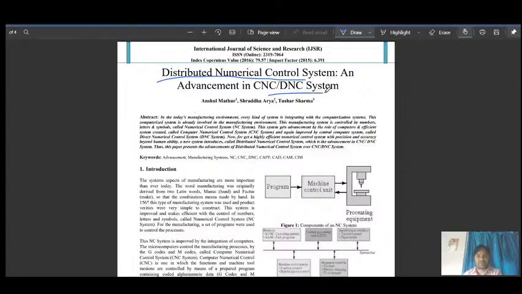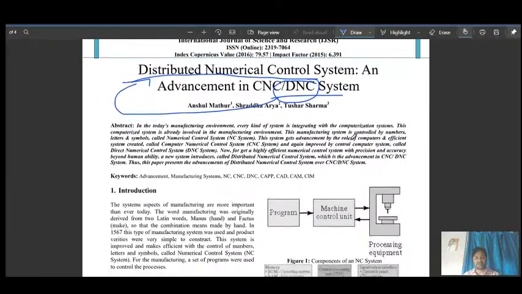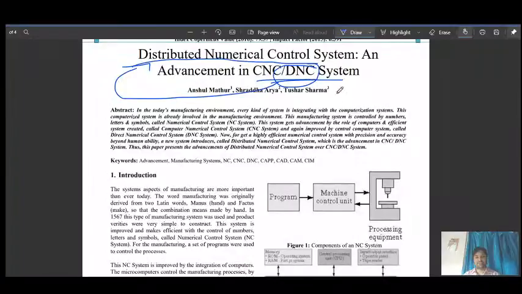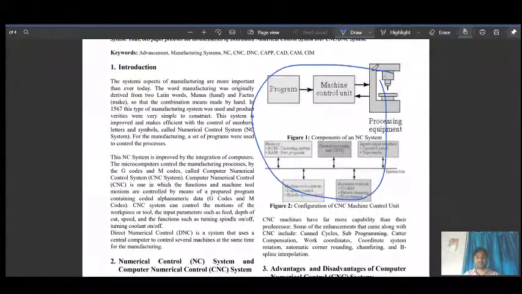Earlier it was DNC, direct numerical control, but now we are using the distributed numerical control system. So you can go through this paper and see what advancements we have made in CNC and DNC systems.